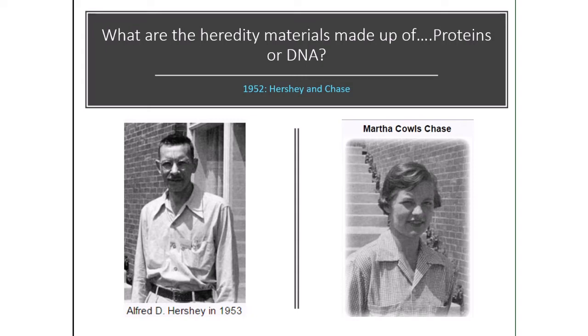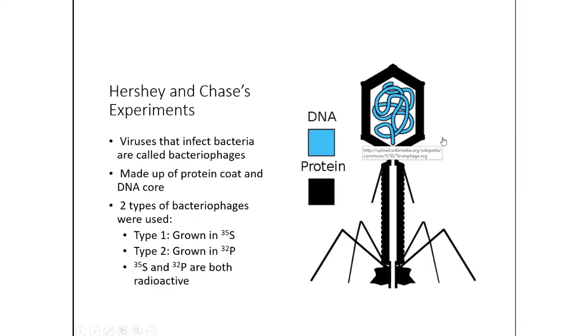There was a famous experiment by Alfred Hershey and Martha Chase, done in 1952, that helped put this debate to an end. In their experiment, Hershey and Chase used a type of virus that infects bacteria. They are called bacteriophages, or just phage for short. The phages have a protein coating and a DNA core on the inside.